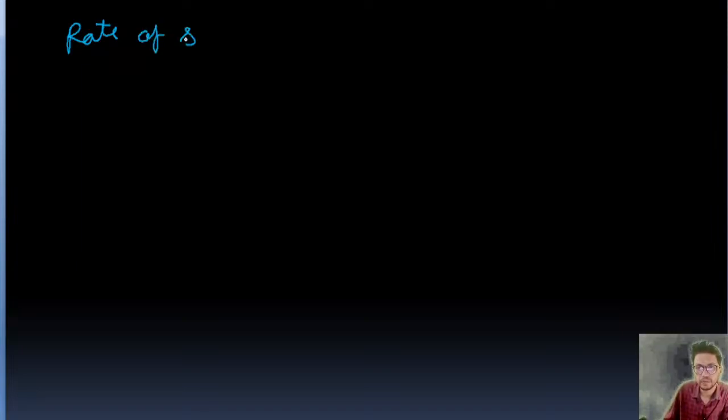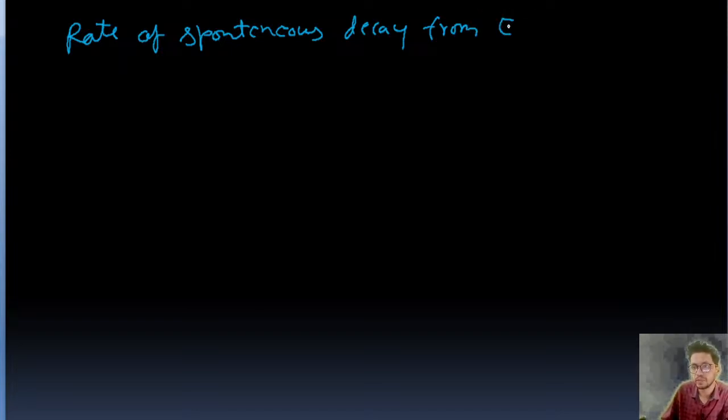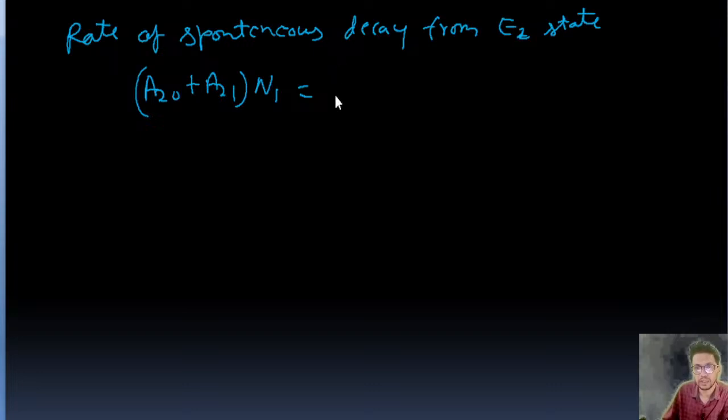The rate of spontaneous decay from E2 state is (A20 + A21) into N2, equal to A2 N2. Okay, so this is the important formula you need to note down.